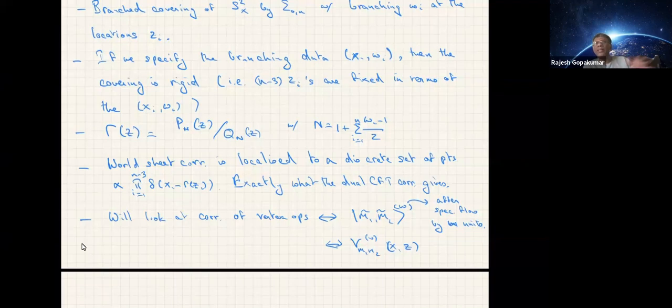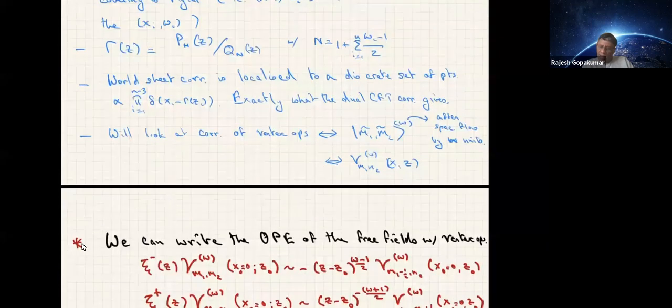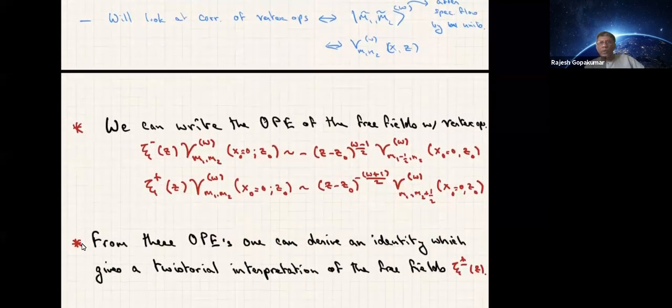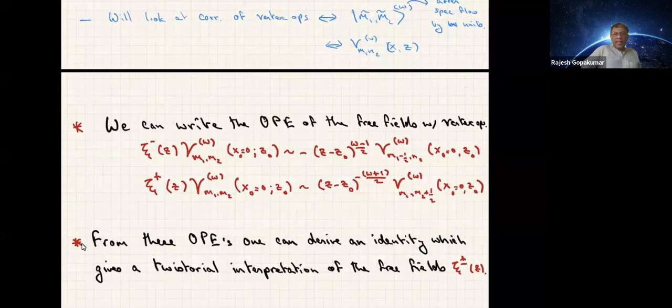As I suspected, since this already took some time, I wrote out the slides for this part so that we can go a little faster here, and I can try to complete this. So we can write the OPE of these free fields with these vertex operators. For psi minus and psi plus, you can write down what their OPE is with this, because I told you in the previous lectures how psi minus acts on these.